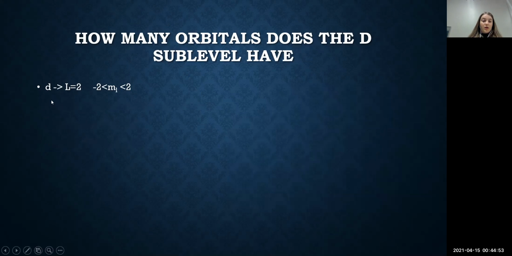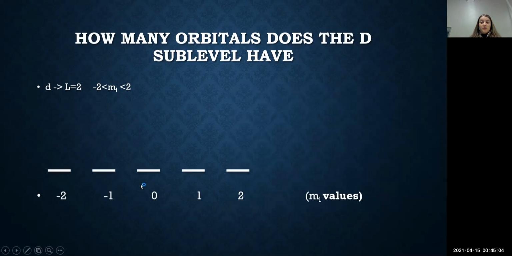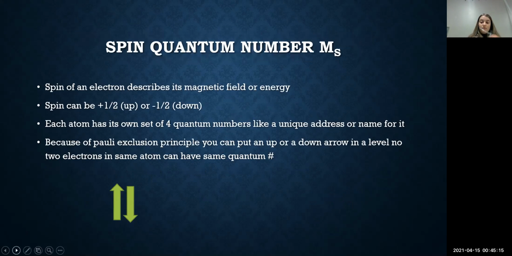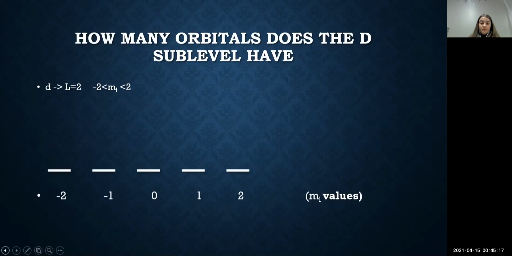So, if we have our d sublevel, our L is going to equal 2. So -2 to 2. And that's going to give us our 5 separate orbitals. And each section of these is going to have its own orientation or its own orbital. So yes. So next, these are just our ML values.